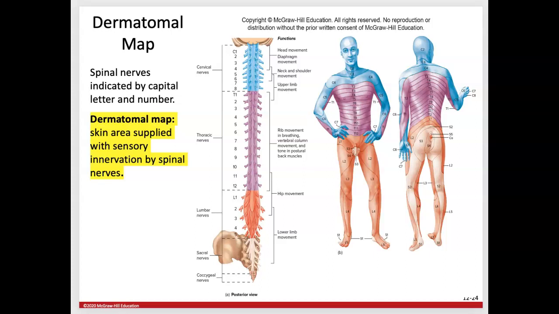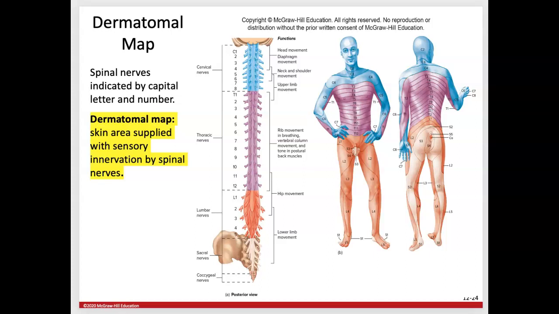Basically, this map shows the spinal nerves and the skin area of the body that is served by any specific spinal nerve.